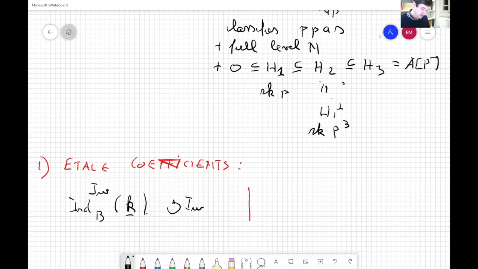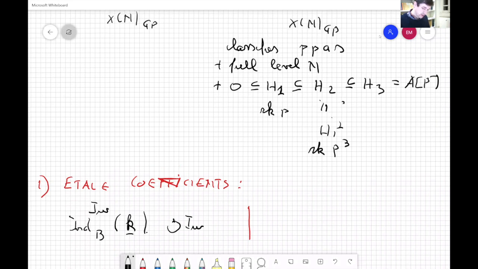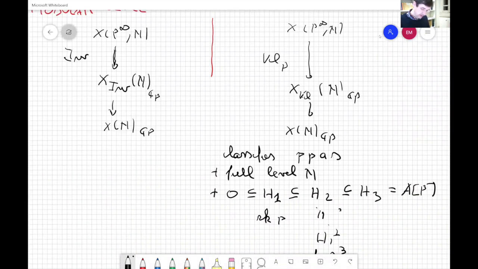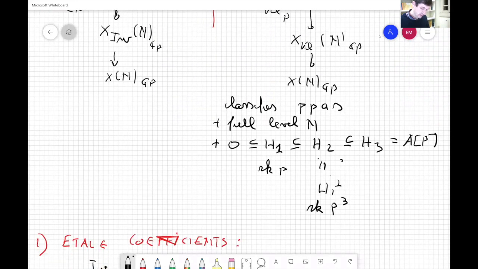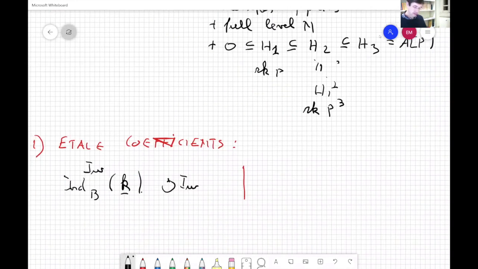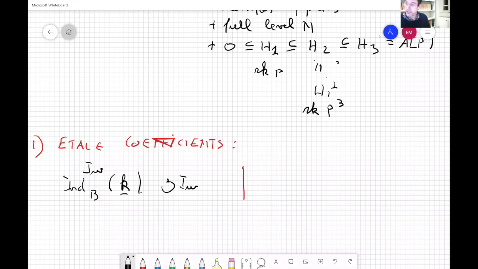If you identify this with the fundamental group of this Siegel variety, defines the local system that we are considering, or the p-adic variation of coefficients that we are considering.